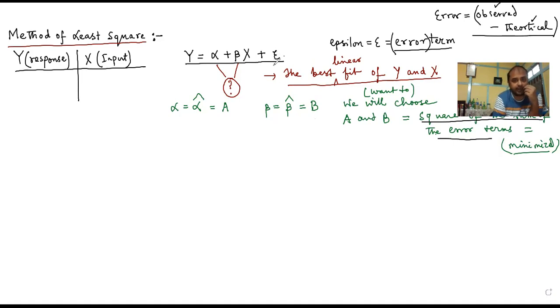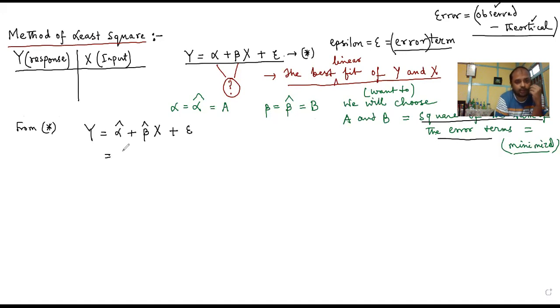If I choose this epsilon to be the error term, we can name this section equation star. From equation star, we can write the equation as y equals estimate of alpha plus estimate of beta into capital X plus the error term epsilon.